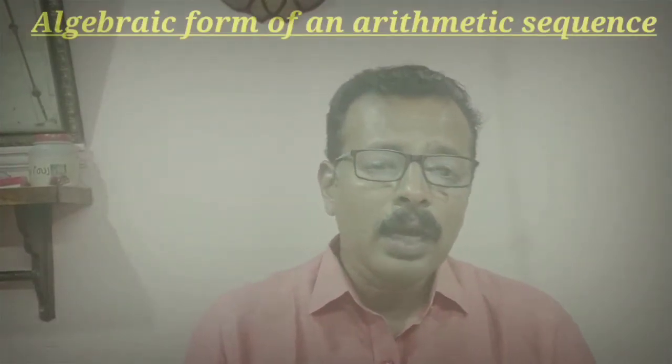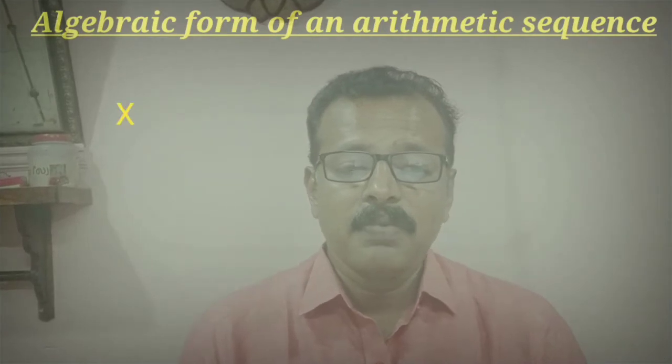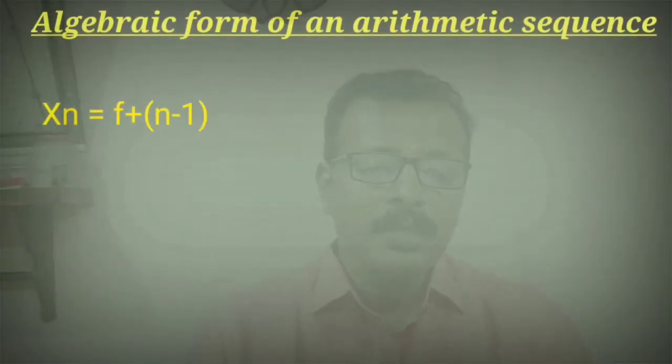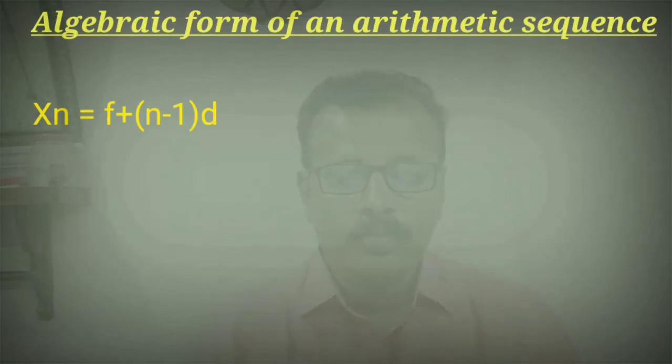So now you can write the arithmetic sequence given any two terms. Okay, so it looks very easy for you now. In the first class we learned the nth term is equal to f plus (n minus 1) into d.